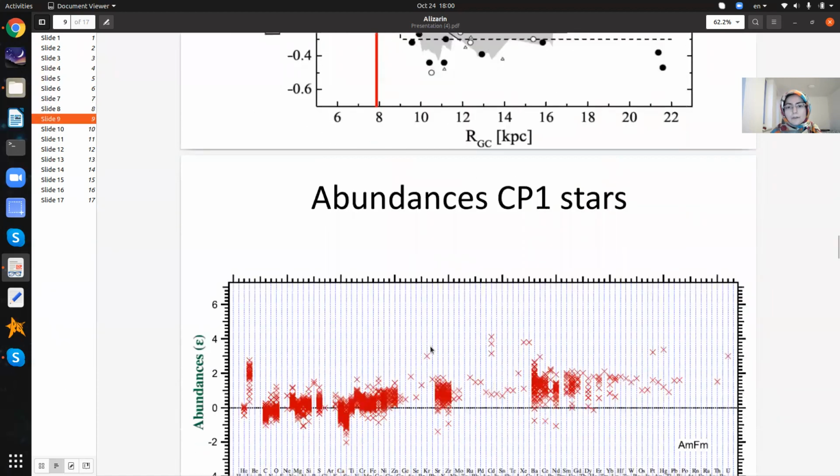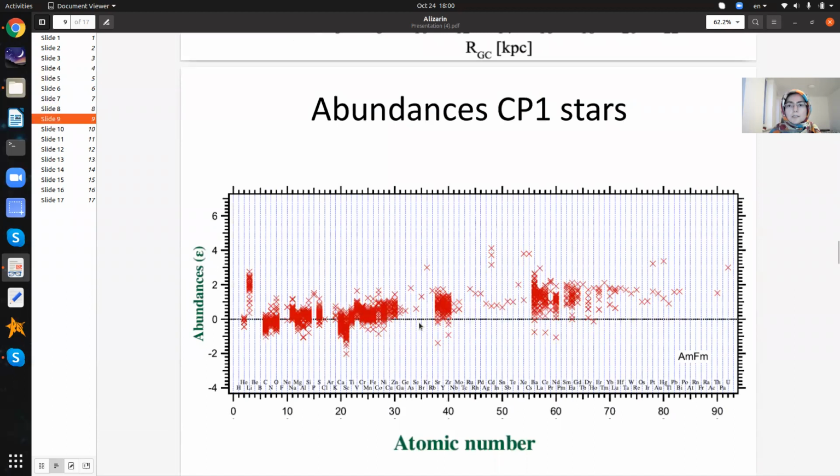Abundances for CP1 stars: if you remember, I told you that for CP1 stars, we have no magnetic field. As you see in here, more elements are lower than 0.